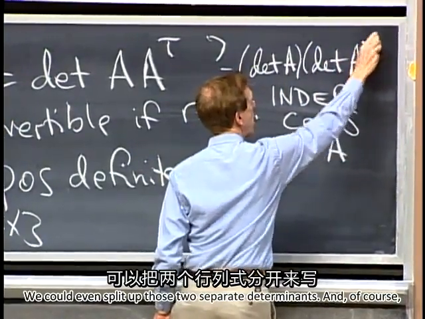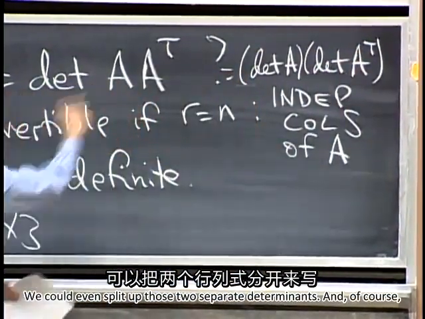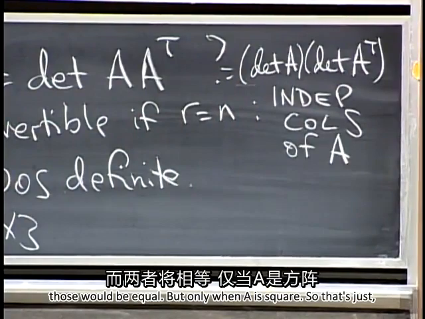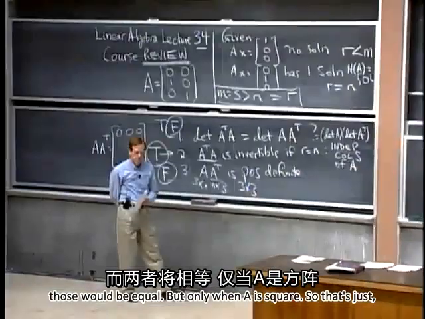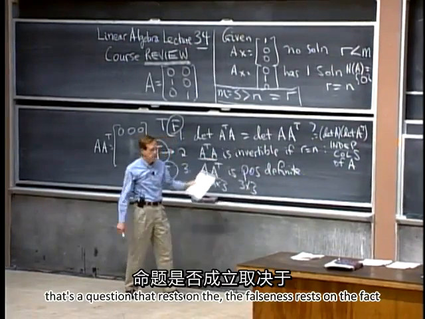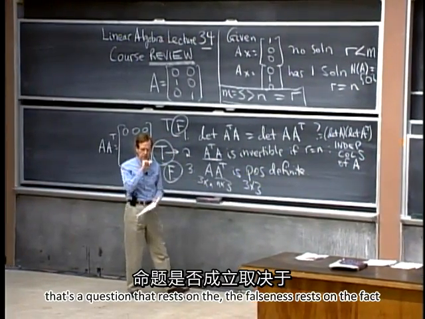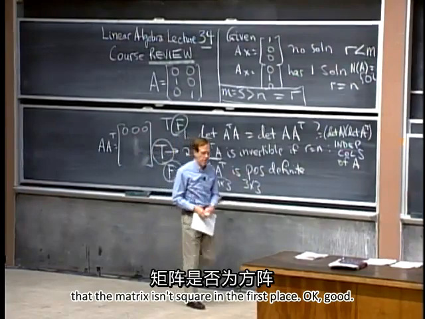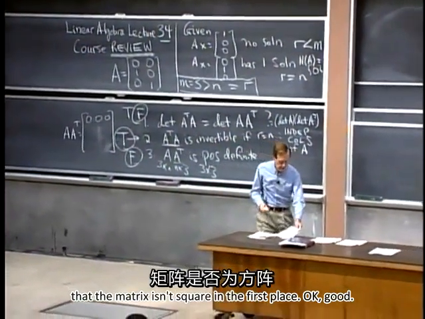We could even split up those 2 separate determinants, and of course those would be equal. But only when A is square. So that's a question that rests on the fact that the matrix isn't square in the first place. Okay, good.